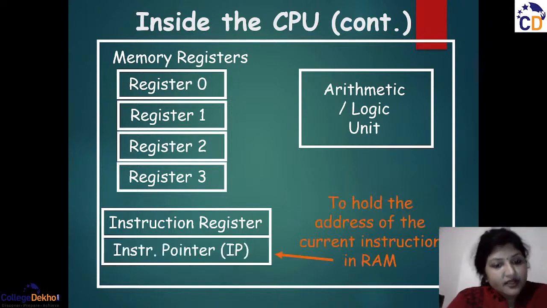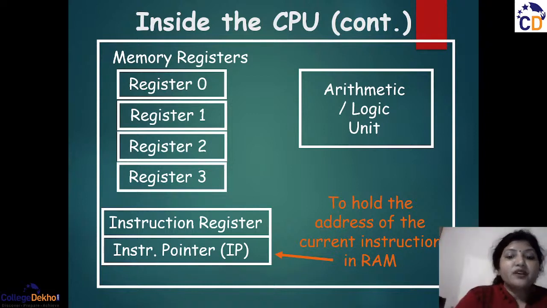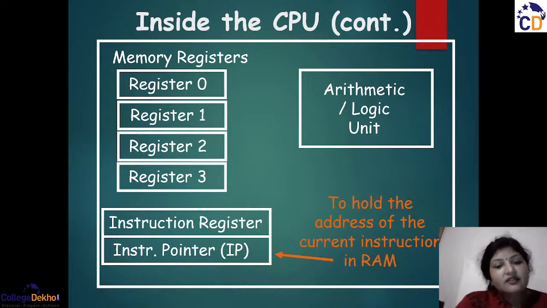Then the instruction pointer holds the address of the current instruction. The instruction register holds the current instruction to be executed, whereas the instruction pointer holds the address of the current instruction in RAM, right?